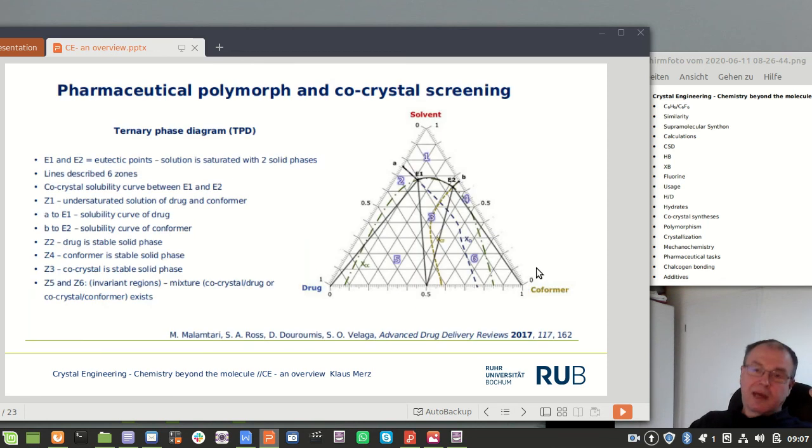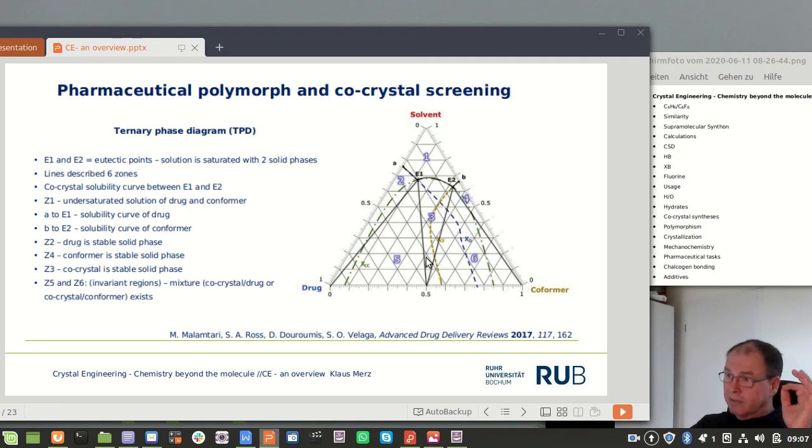When we talk about pharmaceutical tasks, yes, once again, we talk about the importance of phase diagrams, binary phase diagrams, if you're only looking at a compound and a coformer. And then with ternary phase diagrams, now we have a drug, we have a coformer, and the solvent, and how important such phase diagrams are to figure out the exact area.